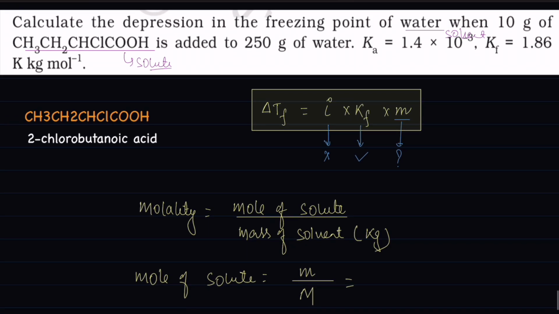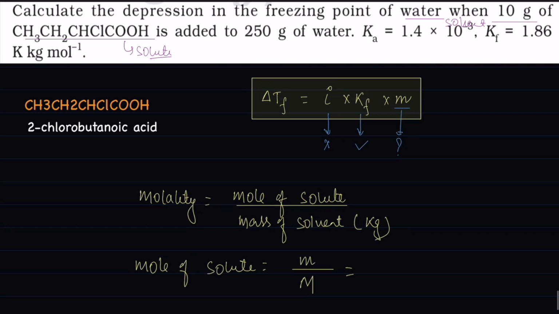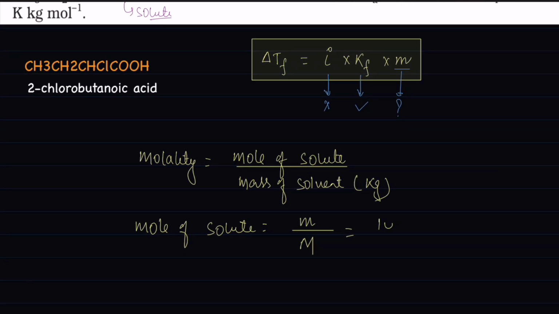So in the question, mass of solute is 10 gram, it's given. So we can substitute it here, 10 gram. And the molar mass is equal to 122.5 gram per mole. We can find it by calculating how many carbons we have. So 1, 2, 3, 4.